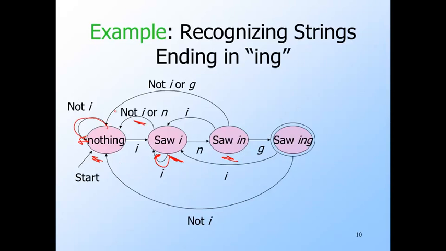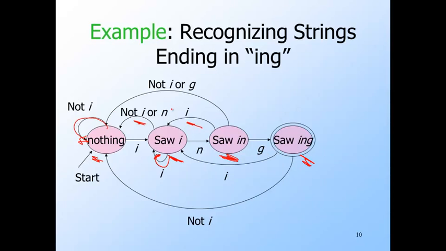In state saw IN, if we next see a G, then we win. We have just seen ING as the last three symbols, so we go to the accepting state saw ING. On the other hand, if from state saw IN we next see an I, then the pattern ING is broken, but a new pattern beginning with I has started, so we go into the saw I state.